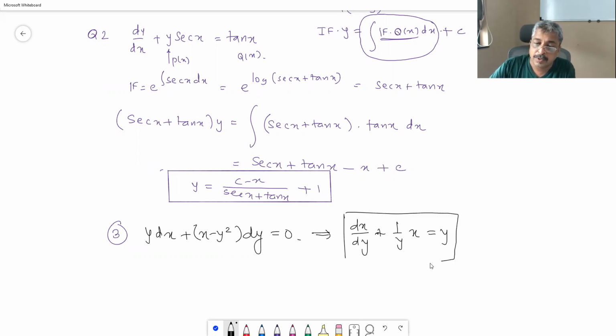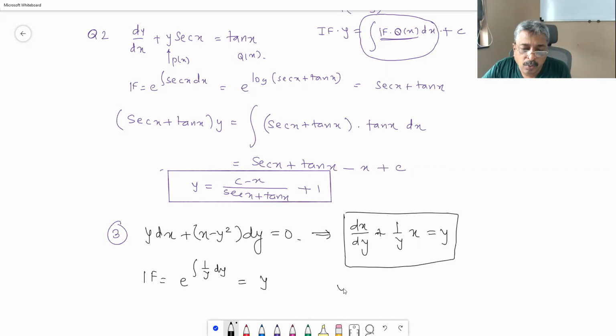Now, here the roles are changed. This is FOLD where the dependent variable is x and the independent variable is y. Something like this. Okay, therefore integrating factor is e raised to integral 1 upon y dy, which is equal to log y. e raised to log y is y. So the integrating factor is y.